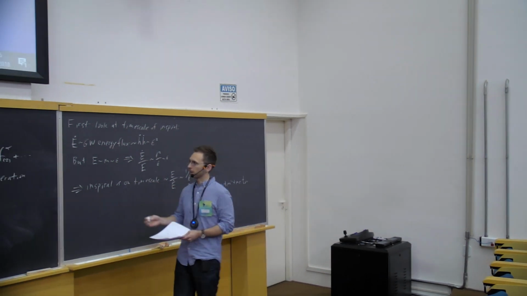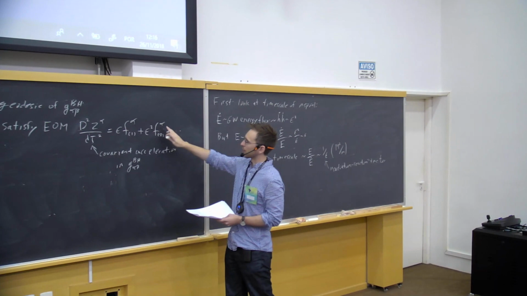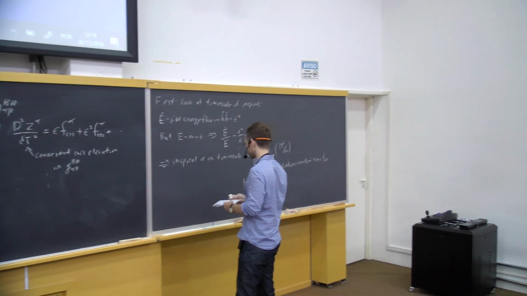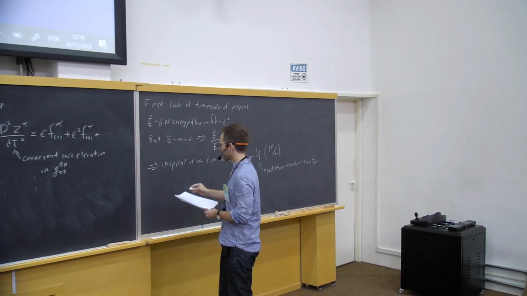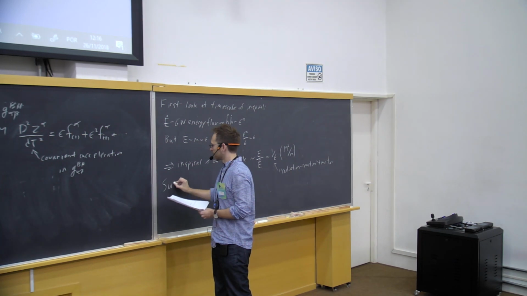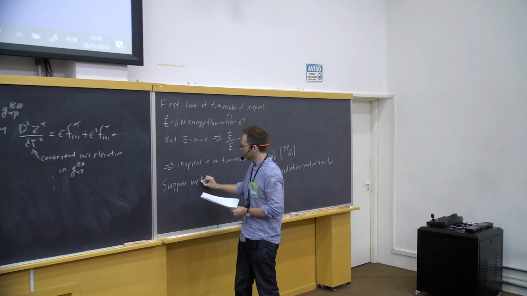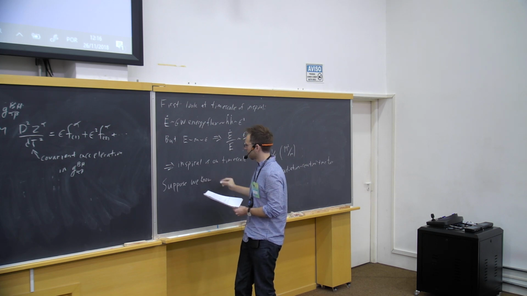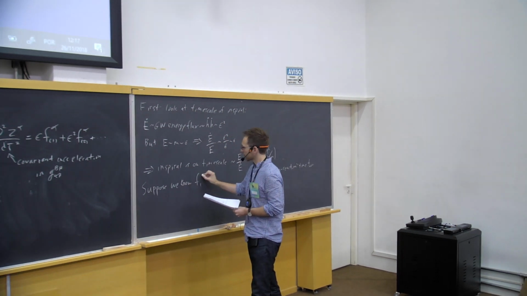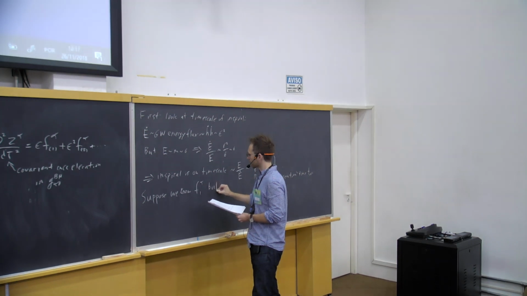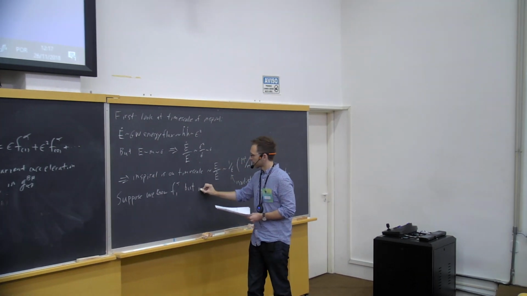Now, what does that tell us about how accurately we need to know this equation of motion? Well, suppose we know that first order self-force, but we don't know the second order self-force.